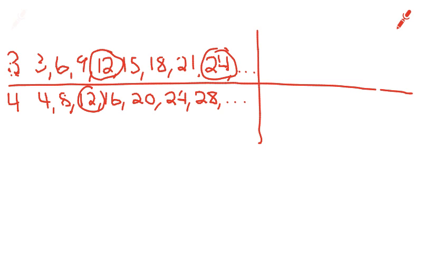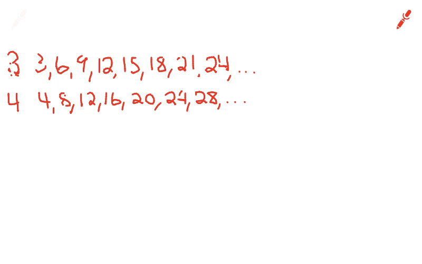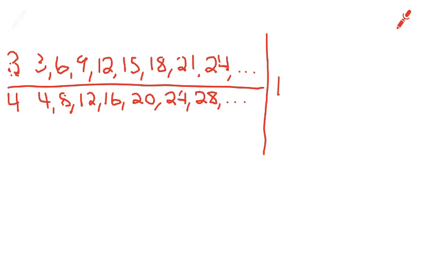I'm going to back up a little bit here, and I'll do this line better like the box they have there. So our common multiples are 12 and then 24. And then out of those two numbers, our LCM, or our lowest common multiple, is 12.